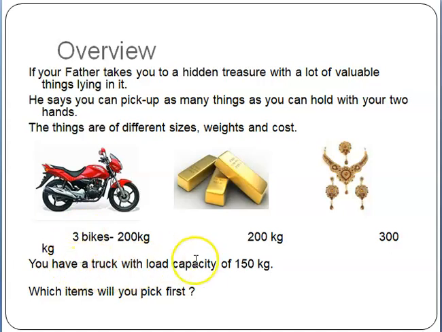Now you have a truck with the loading capacity of 150 kg. How much of each product can you load here so that you will maximize your profit? This is what we have in a greedy method, that you have different items with different weights and different profits. Then how will you make a selection with a limited capacity so that you know what item you are going to load.